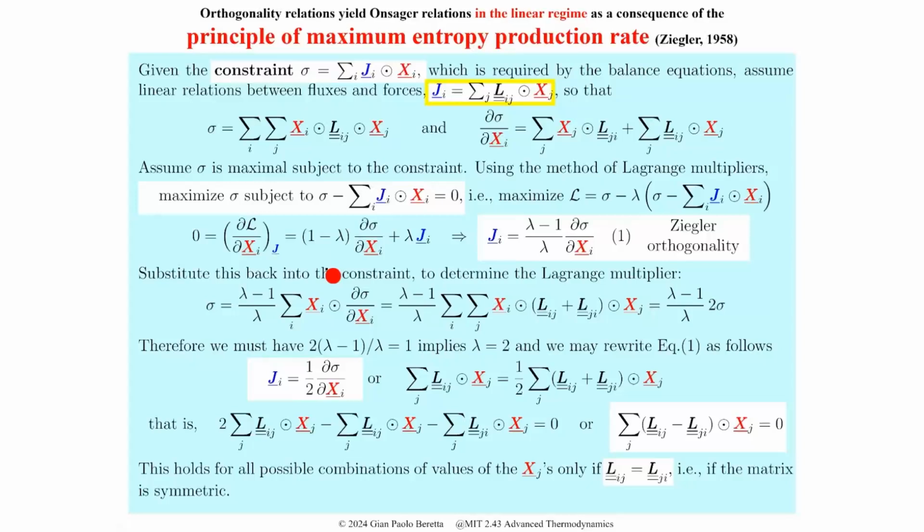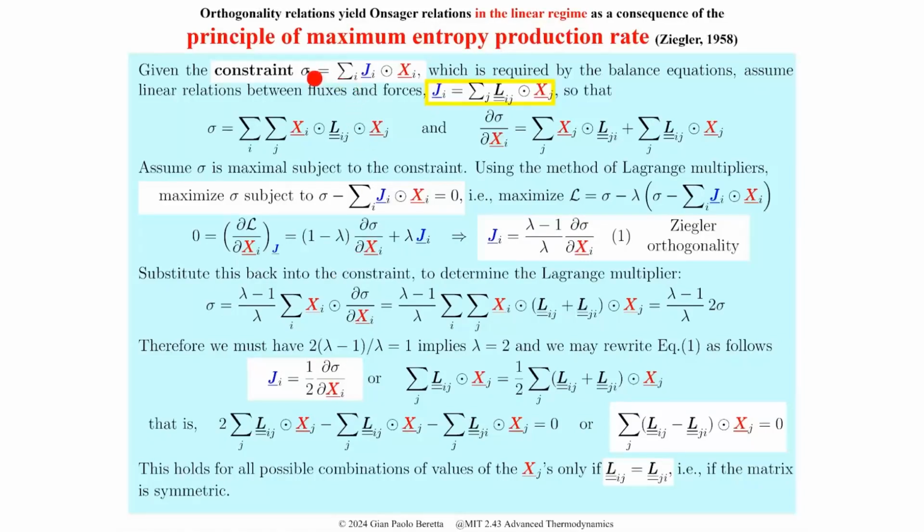We've shown that in the linear regime, we could prove it as a consequence of the principle of maximum entropy production by Ziegler. Here, I'm not discussing this slide a lot because essentially it is exactly the same slide that we had then, where I changed some of the symbols.